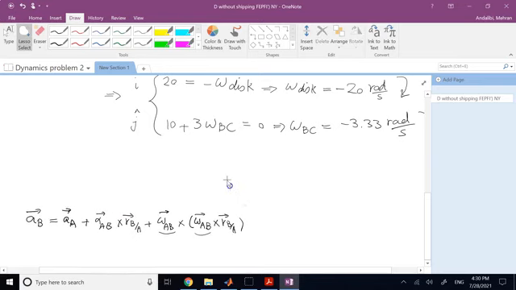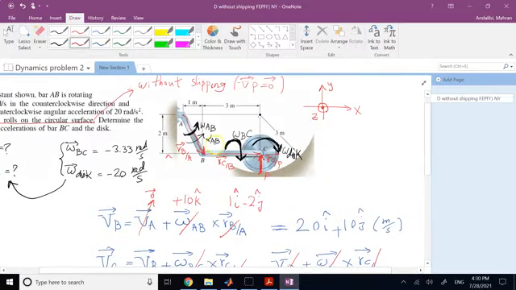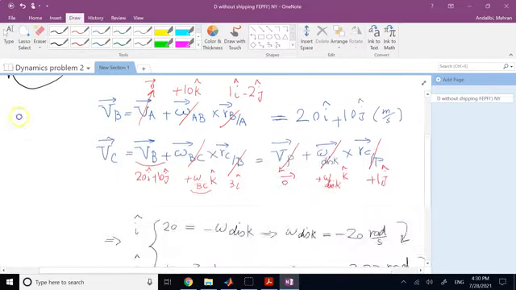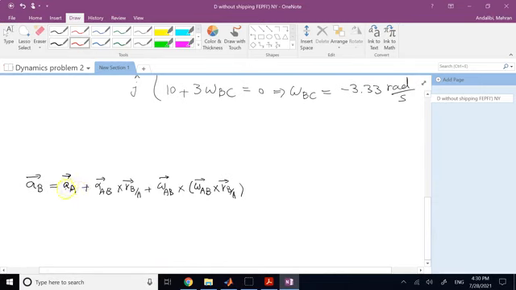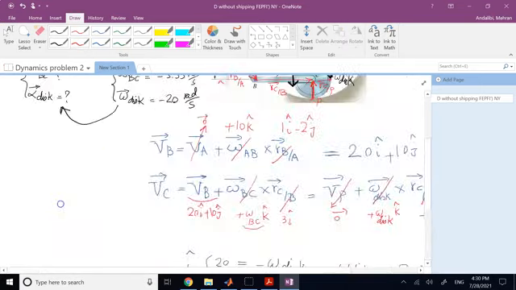Again, I start from member AB, that I know everything about it, including alpha AB, omega AB, and A of point A. Well, point A is a stationary point. It has no acceleration. So A of A is 0. Alpha AB is given to me.